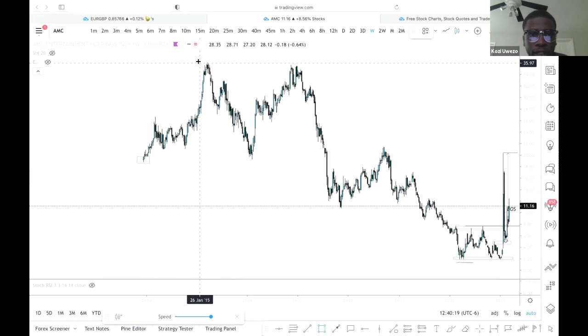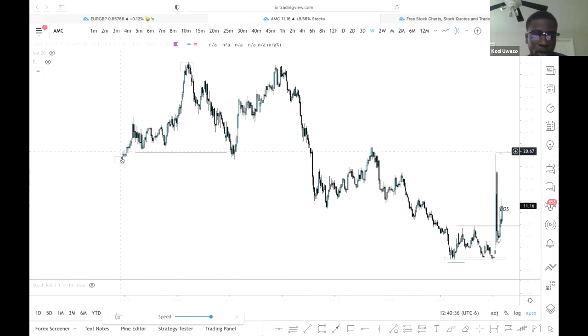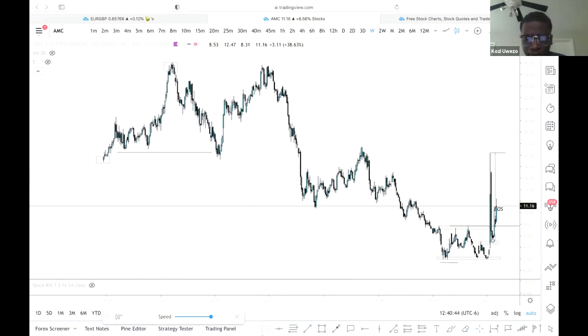Now, check this out. Look at this. We made that high, and basically, you can say that this is a break of structure, but for me, it's not, because this is a point that made the high, so we haven't broken it. Just like what Anaeze was talking about. If we haven't broken the zone that made the new high, we're still in that particular trend, right?